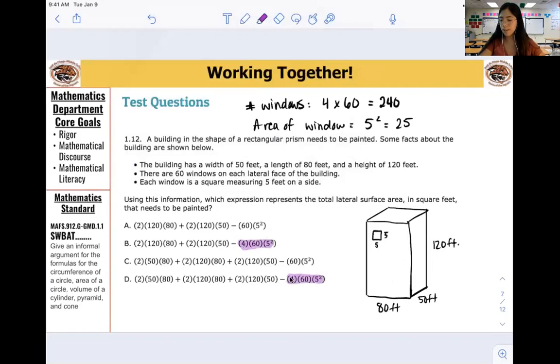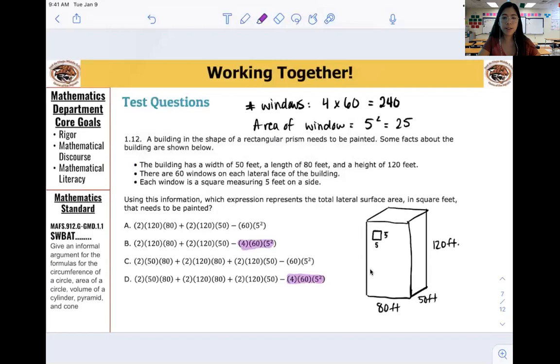Now, why am I subtracting that? Why is that being taken away? Because that's what you're not going to paint, exactly. So what am I painting? I'm painting the lateral area of this building minus the area of each window.